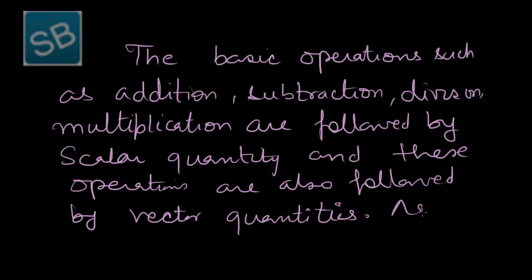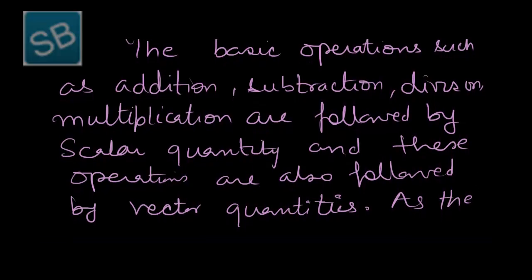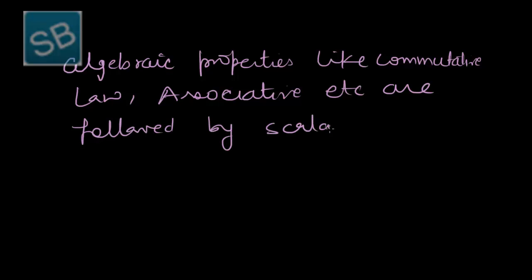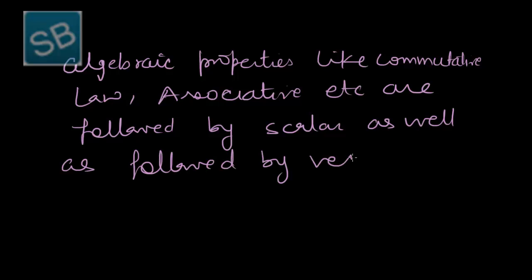And the algebraic properties, like commutative law, associative law, etc. are followed by scalars as well as followed by vectors.